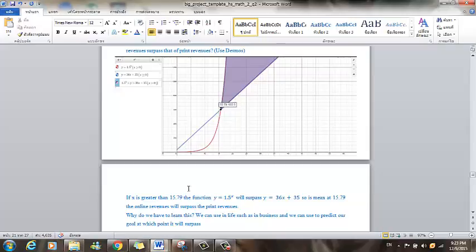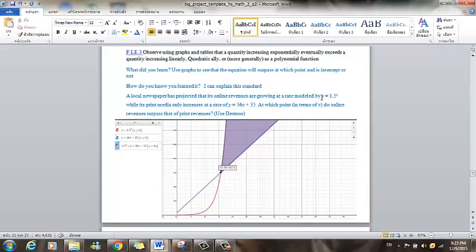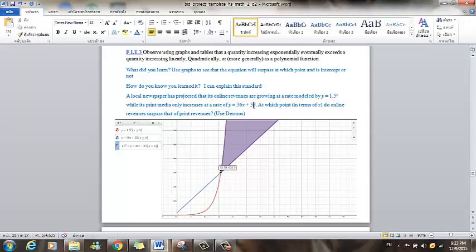So if x is greater than 15.79, okay, I'm going to tell this first. You already know this, right? For the newspaper it is this. So you put this into the graph here, and for the print it is this, right? Now you input this, and you're going to get this graph.